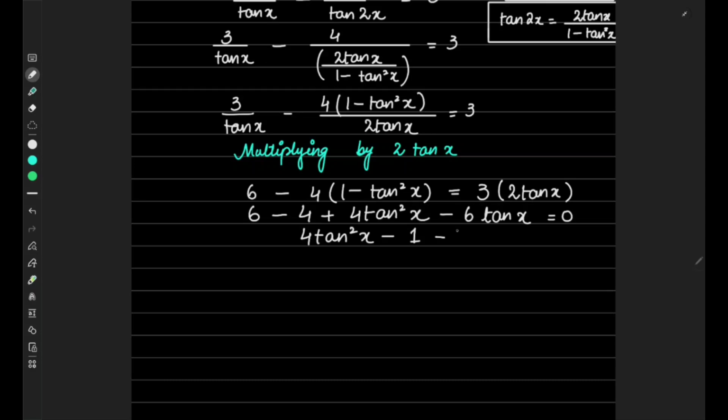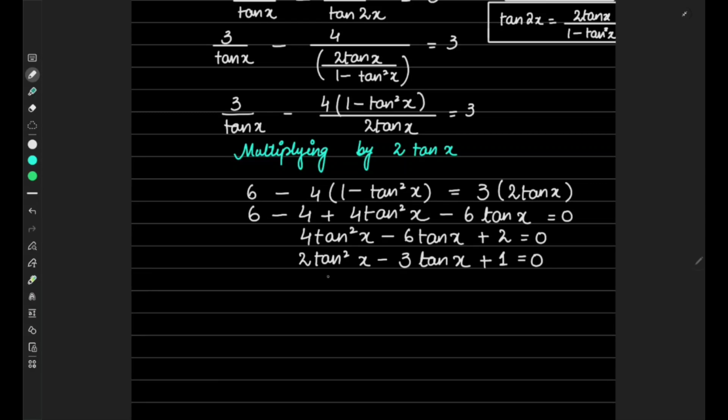Let's write it in standard form: 6 minus 4 is 2, so 4 tan square x minus 6 tan x plus 2 equals 0. Taking 2 common, it will become 2 tan square x minus 3 tan x plus 1 equals 0.